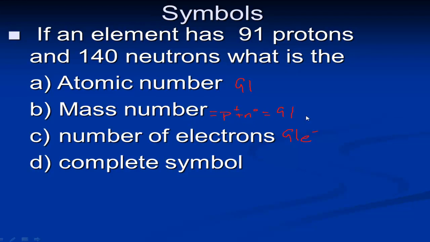My protons are 91. My neutrons, given up here at the top, is 140. So you add those together and you get 231. And you do the complete symbol. So the mass number goes on top, 231.